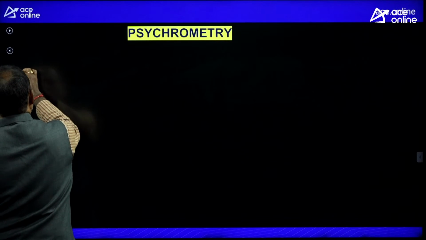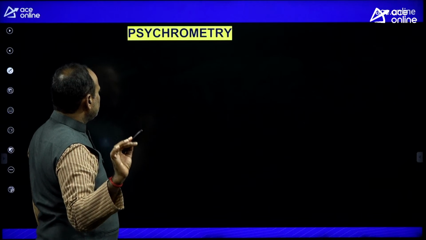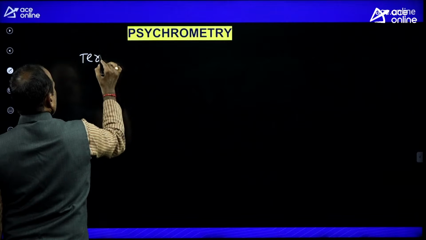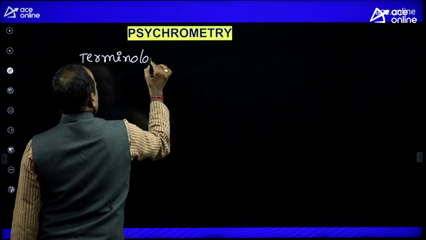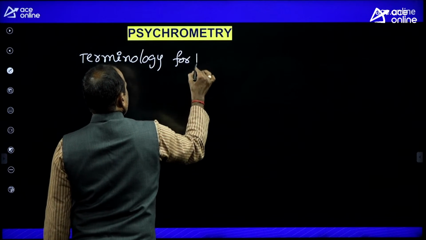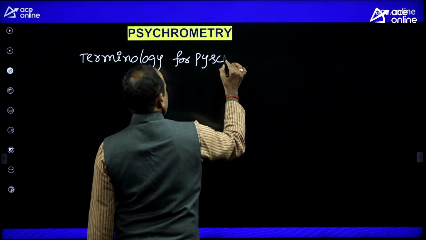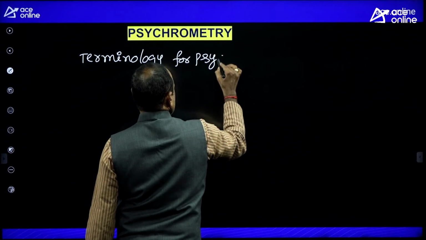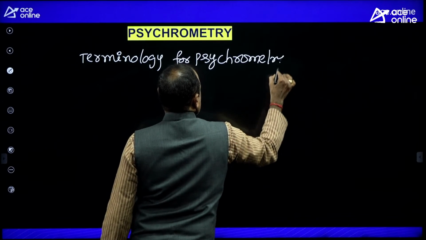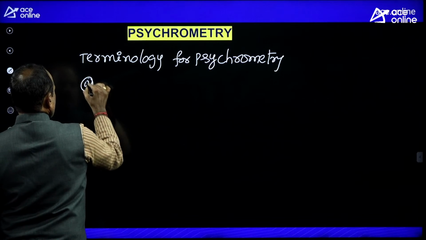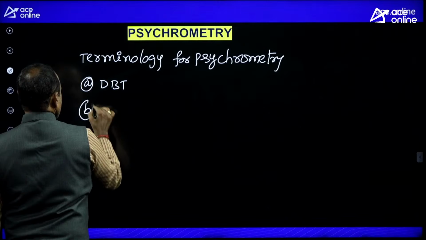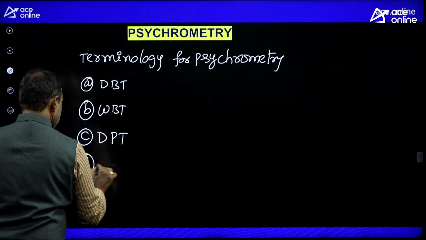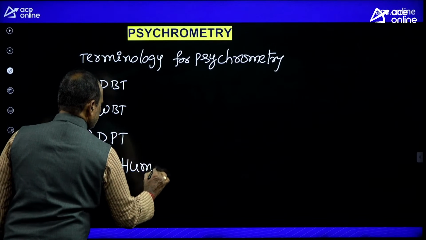You try to practice the theory and numericals on different terminology for psychrometry, like dry bulb temperature, wet bulb temperature, dew point temperature, specific humidity. Theory and problems both are important.